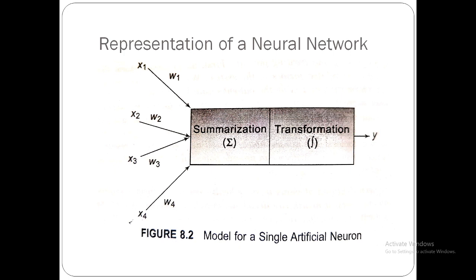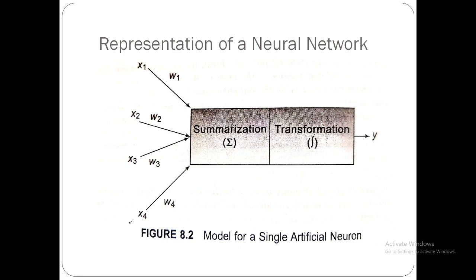If the computed value is at the cutoff threshold, then the output value will be 1. That is if the transformation function is a sigmoid function. If the transformation function is a nonlinear hyperbolic function, then the output will be either -1 or 1. So based on the transformation function, the output value will be changing.